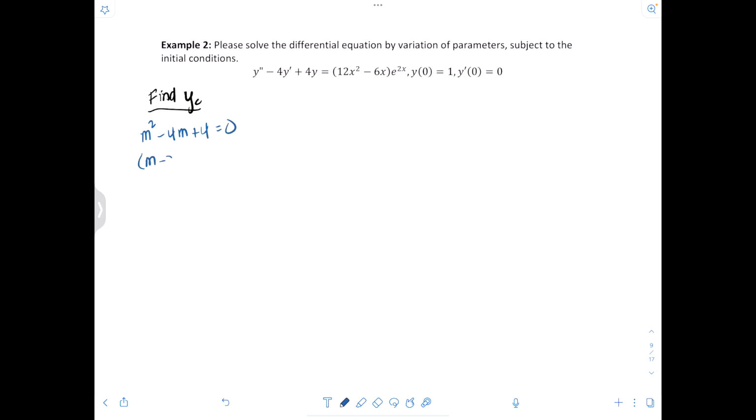So we'll get m minus 2, the quantity squared is 0. m1 equals m2 equals 2. So yc has got to be what? Beautiful. e to the 2x, these are x's, right? And then we have a c1 in front of it plus c2 x e to the 2x. Cool so far?